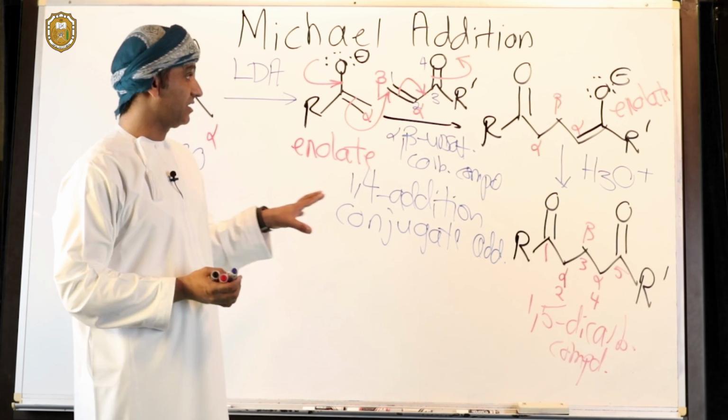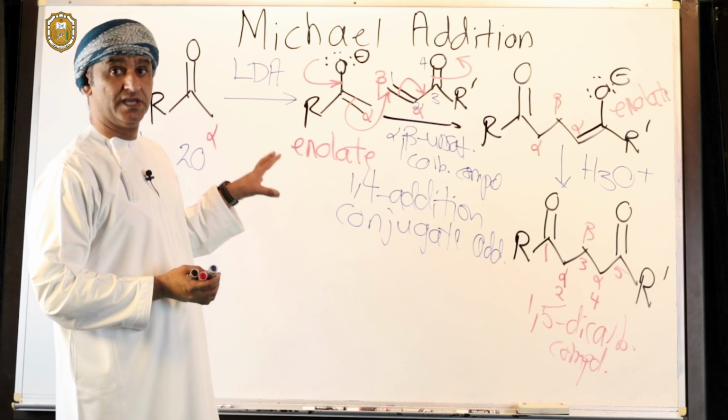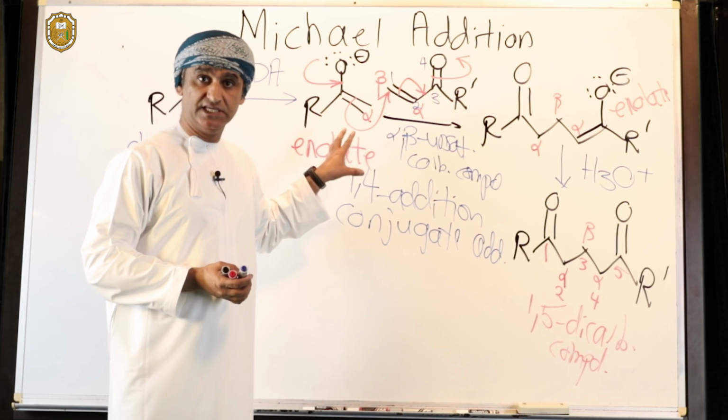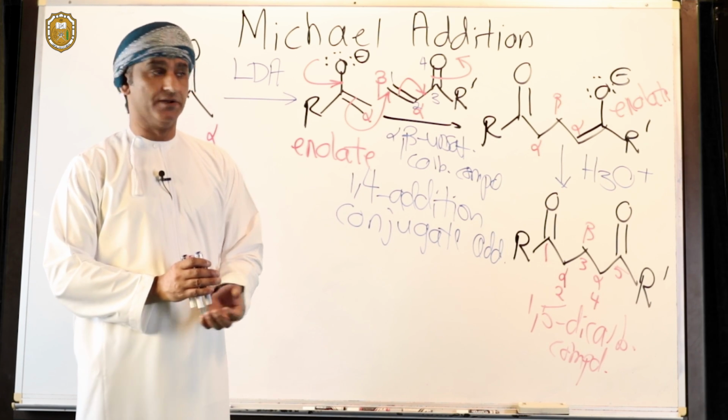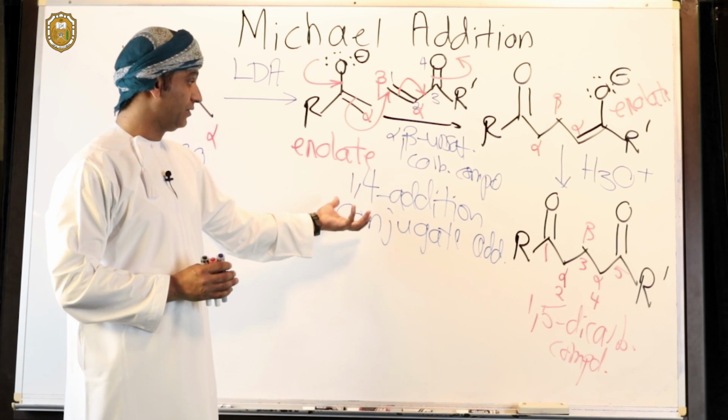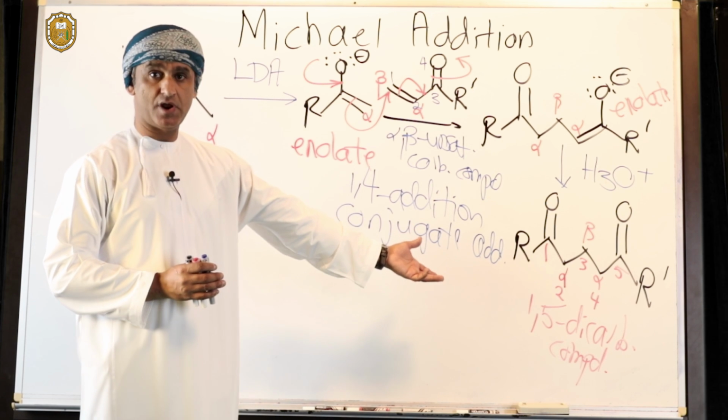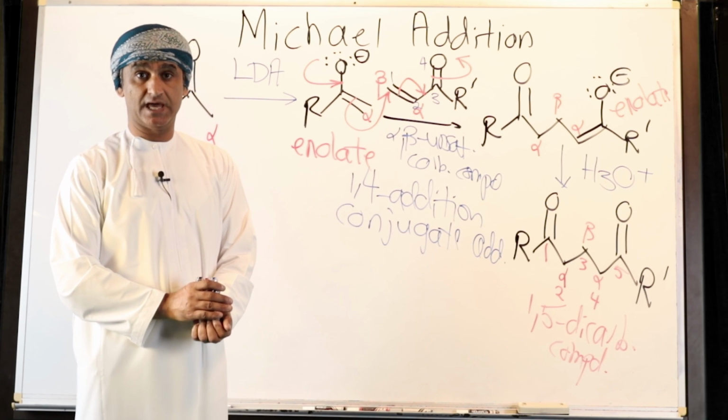So in summary, Michael addition is a reaction between an enolate and an alpha beta unsaturated carbonyl compound. The reaction type is 1,4 addition or conjugate addition. The product is a 1,5 dicarbonyl compound.